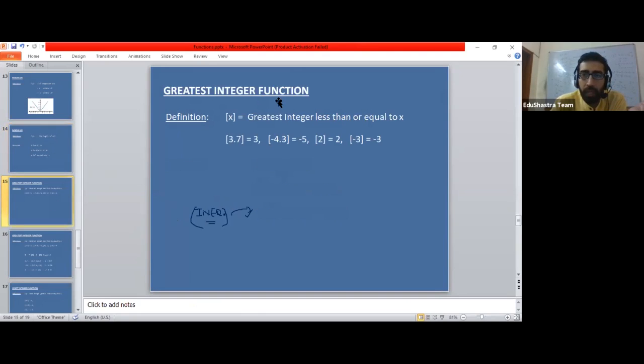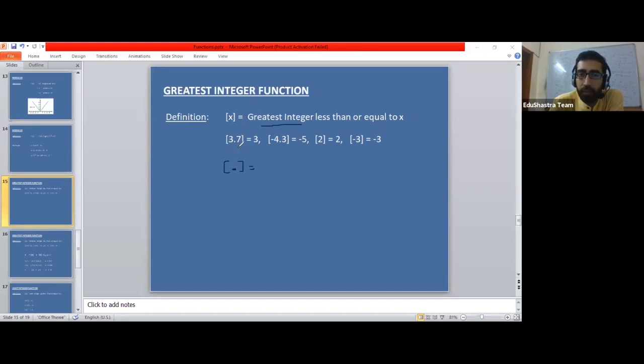Let's jump on to the next function, greatest integer function. The definition of the greatest integer function is that the greatest integer value of your number, whatever that number is, is equal to the greatest integer that is less than or equal to the number in the middle.